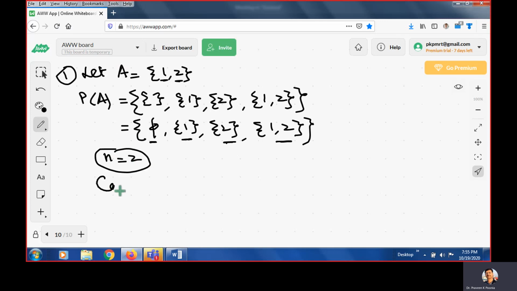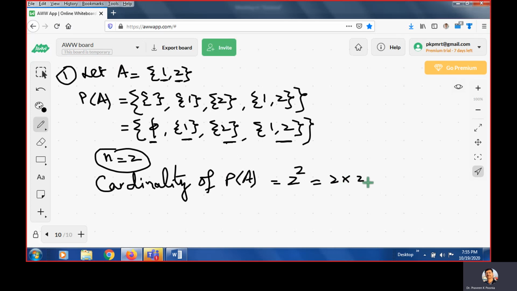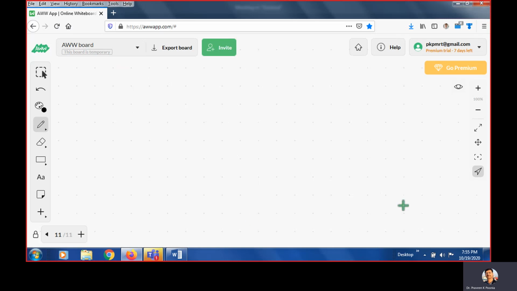So the cardinality of PA is 2 power 2. 2 power 2 means 2 times 2, and 2 times 2 is 4. How many subsets will be there? 4. And you can count 1, 2, 3 and 4. So this is the power set.